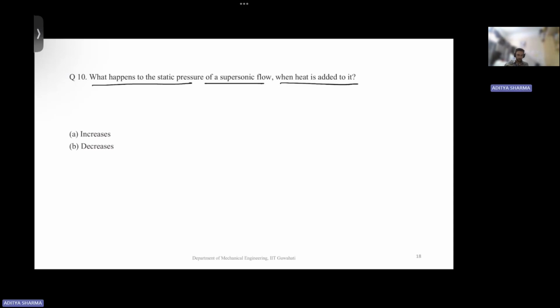So supersonic flow is there. With heat addition, your velocity is going to decrease and your pressure is going to increase. Static pressure is going to increase. Okay. So A is the correct answer to this question.